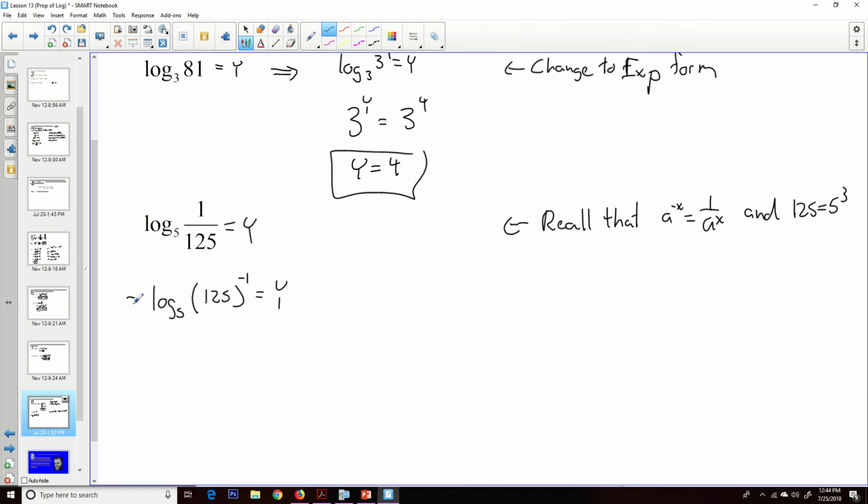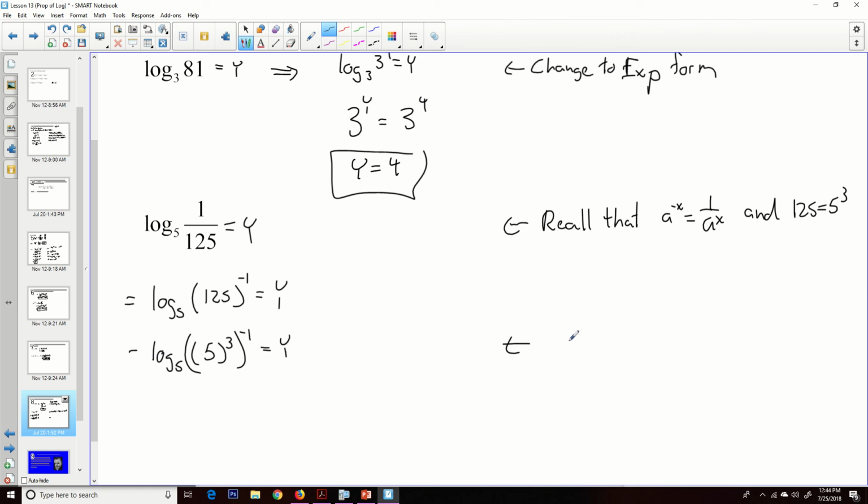Then in my next step here, I'm going to use that 125 is 5 to the 3rd. So I've got log base 5 of 5 to the 3rd, all to the negative 1 property, because 5 to the 3rd is 125 and it still has that negative 1 equaling y.